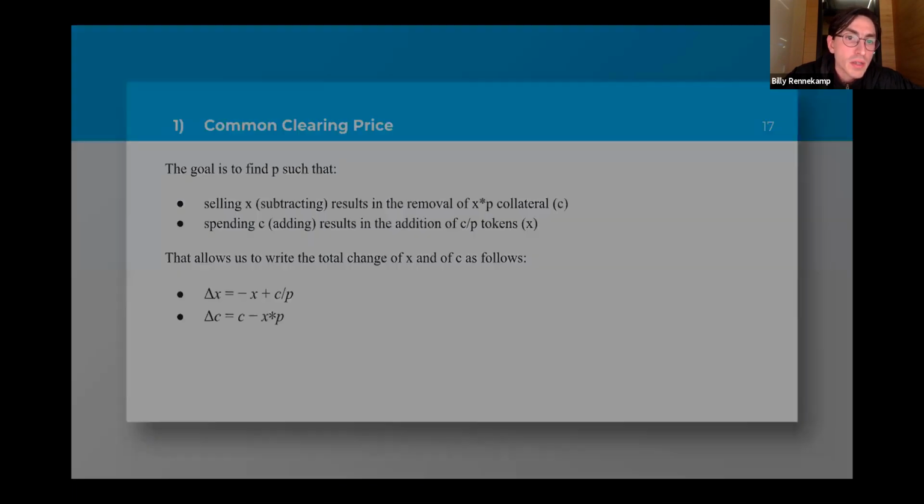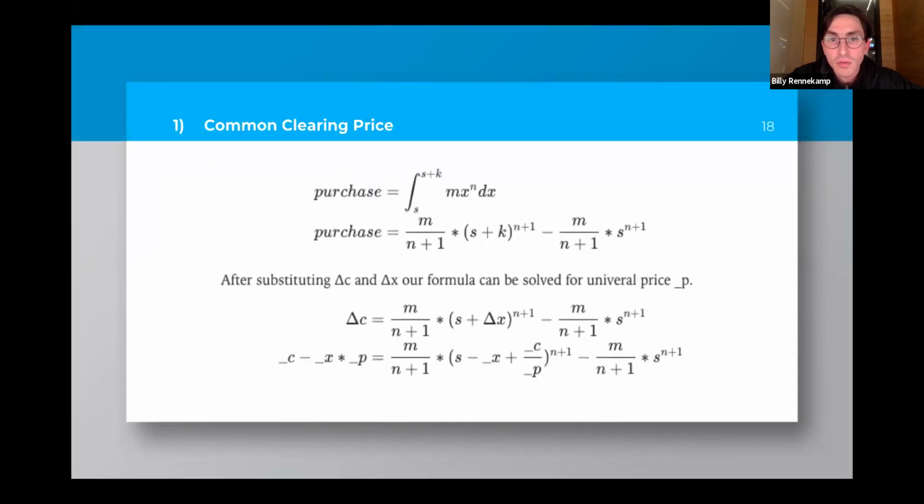So if you think of delta X and delta C as being these equations based on this universal price, you can put it back into an integral of the slope formula. Here, you can see we have a purchase from some starting supply to a supply plus K, which would be the new tokens that came in. We're talking about slope like mx to the n, and we have that integrated. You might recognize this.